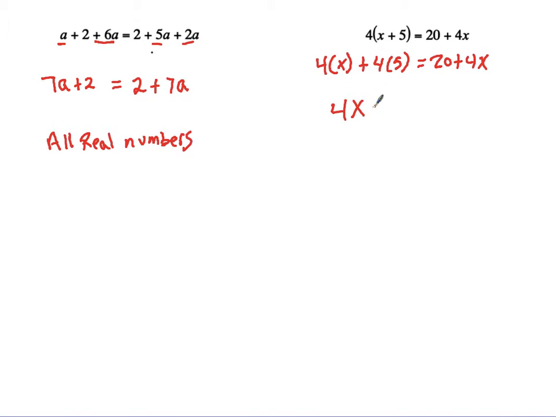And then 4 times 5 is 20. So 4x plus 20 equals 20 plus 4x. Well, there we go. That's another one that's all real numbers. They're the same thing on both sides. All real. And yes, you do need to spell that out. It's not that big a deal. You guys can do it. All real numbers. Okay.